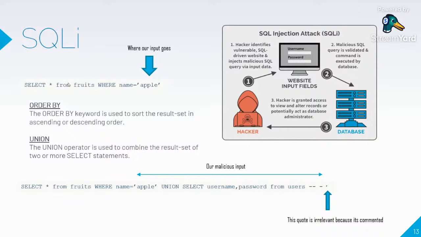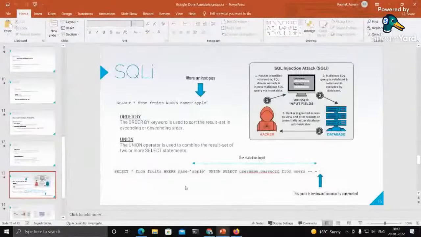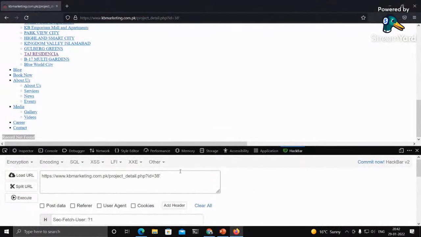So over the apple, that's where our input goes. Suppose you just send your input as a single quote and you close the query, well, then you could cause an error. That's actually what happened over here. When we sent a single quote, the query errored out, and it shows record not found.